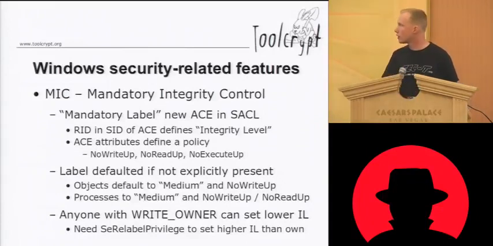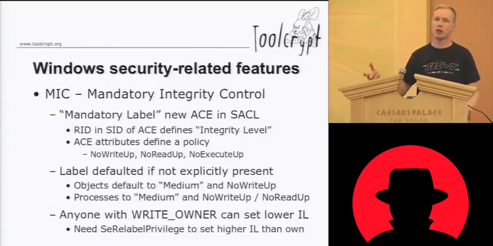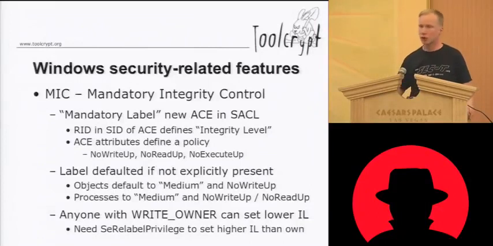And anybody can set a lower integrity level on a system resource. Anybody that can actually set permissions on a resource can set a lower integrity level than that process or thread themselves is running as. To actually raise the integrity level of a resource or a process, you'd need a specific SeRelabel privilege.